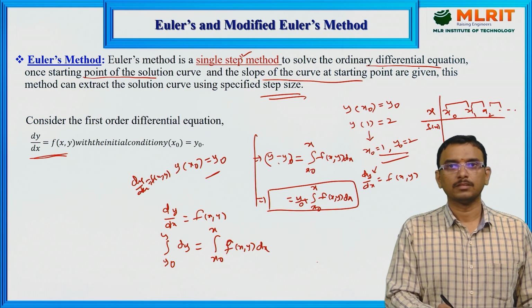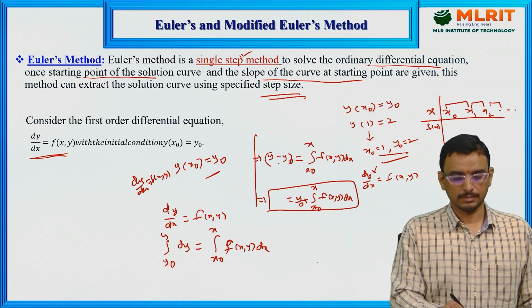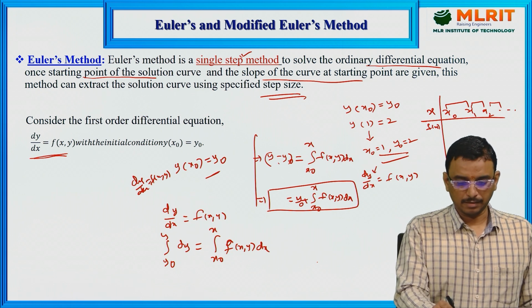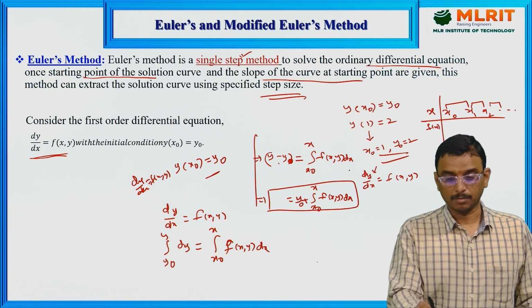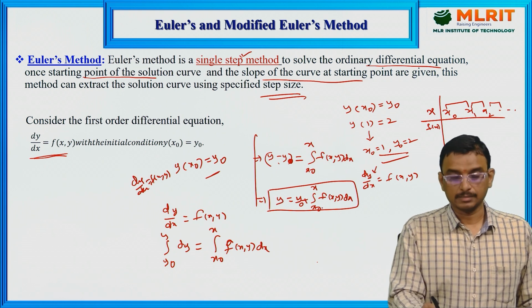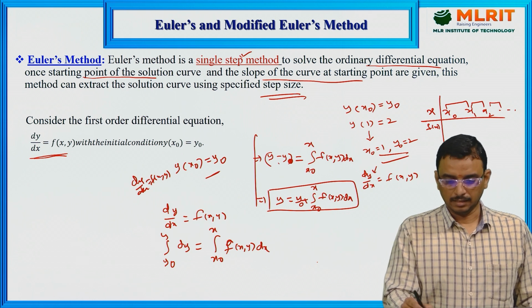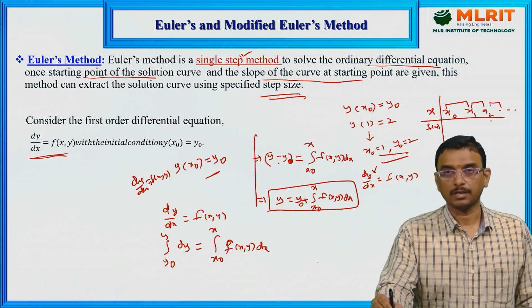So the integral from y naught to y of dy is equal to the integral from x naught to x of f of x comma y dx. That is, y minus y naught is equal to the integral from x naught to x of f of x comma y dx. So y is equal to y naught plus the integral from x naught to x of f of x comma y dx. We take the intervals x naught to x1, x1 to x2 and so on.